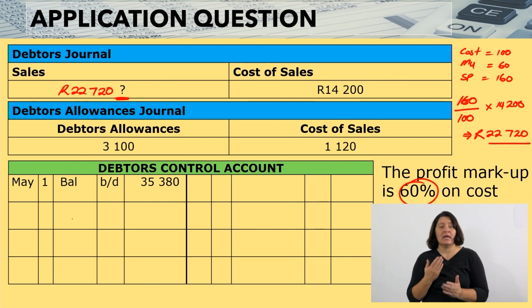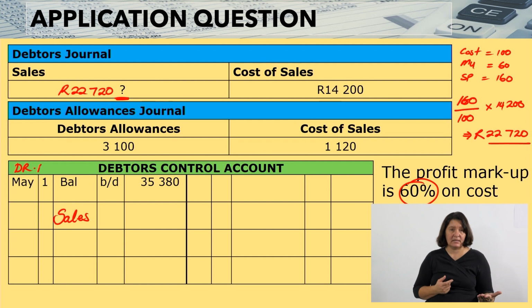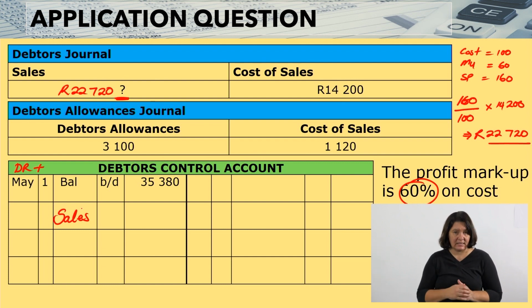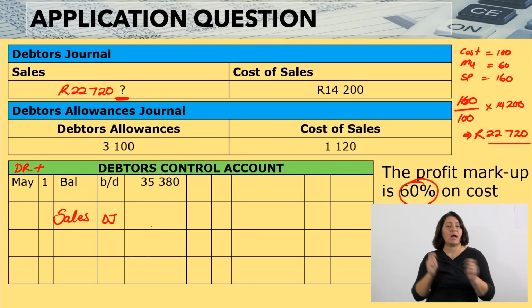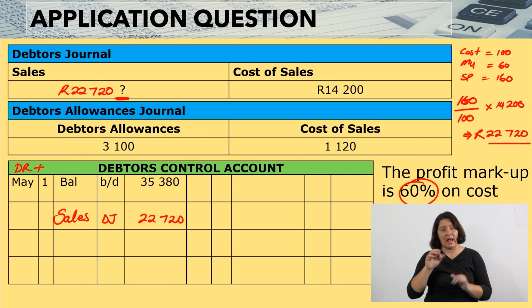I will then come to my debtors control, and I will say sales. On the debit side, my sales are increasing in this case because I'm getting amounts from the DJ. This is DJ, and it becomes 22,720. Let me move on to the next journal, which is my debtors allowances.